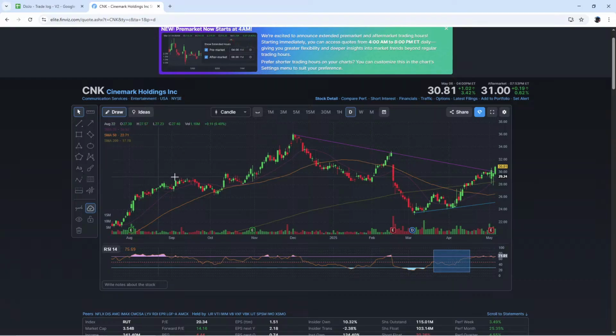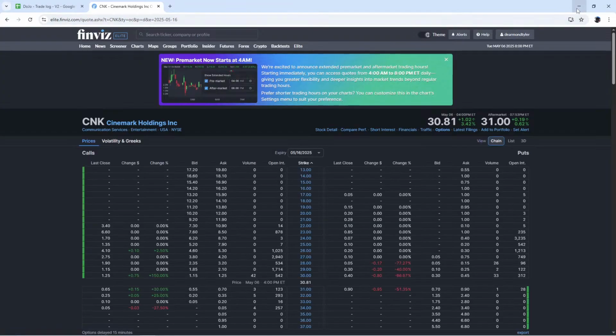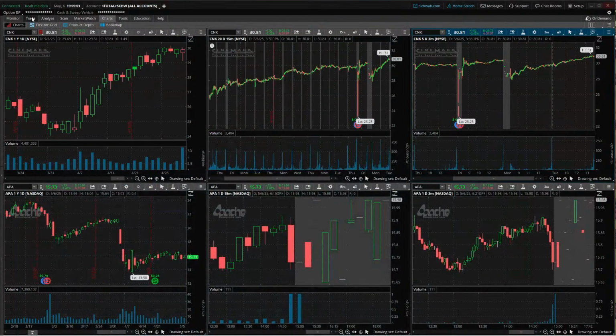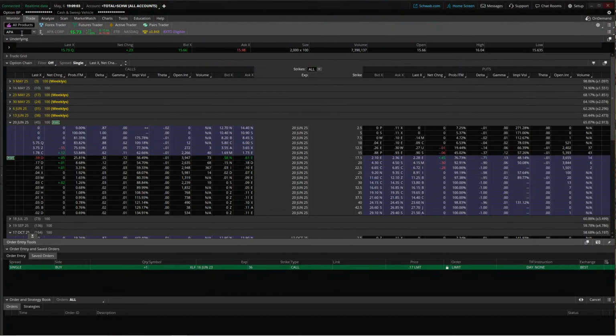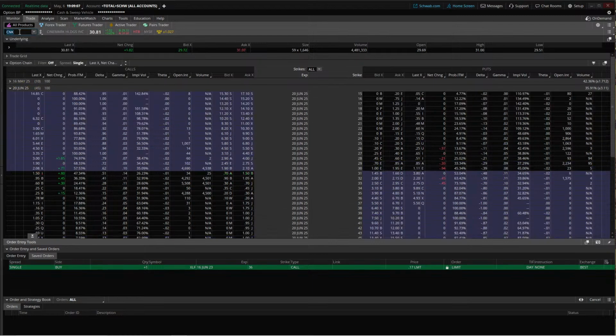But anyways, going into the options, I'm going to find much better data in here. I'm going to be honest with you. If I go to CNK, there's June 20s, and we're sitting at 31 right now. I'd go put. I'm going to buy a put.